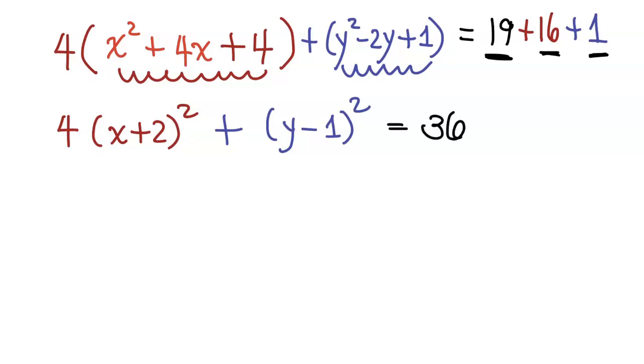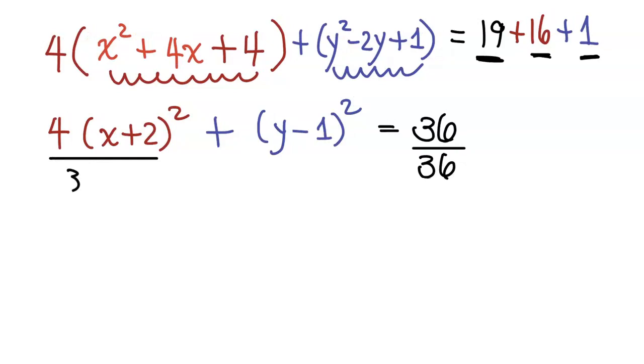Now, this is where we stop when we are looking at the equation of a circle. But if you are writing an equation of an ellipse, you need 1 on this right-hand side. I don't have 1 on that right side. So to make that 36 a 1, I'm going to divide everything by 36. So divide all the fractions by 36 and let us simplify this. When you look at 4 over 36, that is 1 over 9.